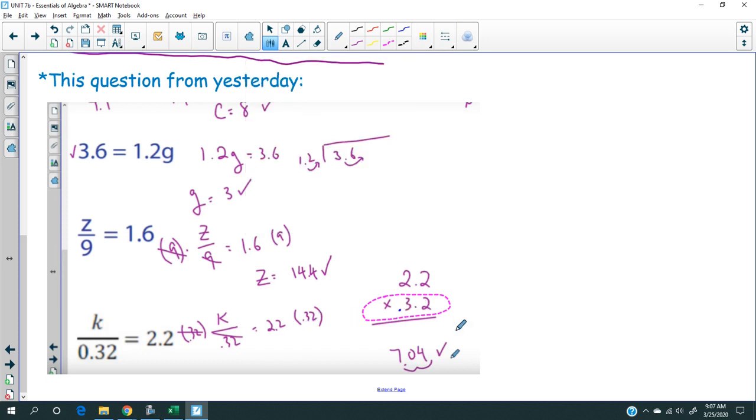It should be 0.32. Now the answer was still 7.04, but I made a huge mistake there. So in one sense, I'm kind of frustrated with the fact that I keep making mistakes still. But on the other hand, I was really happy. I was like, oh, people are paying attention when they watch these videos. So I was actually quite happy with that.